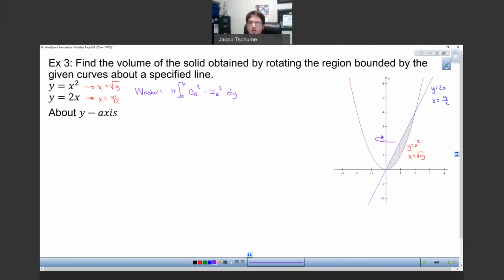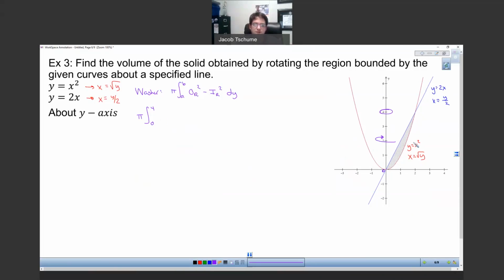All right, so when we go to set up our volume formula here, this would be pi times the integral. Now we're going around the y-axis, so you have to use your y parameters. This shaded region starts down here at 0, and it goes all the way up to 4. So 0 to 4. Your outer radius is the function that is the furthest away from the axis you're rotating around.